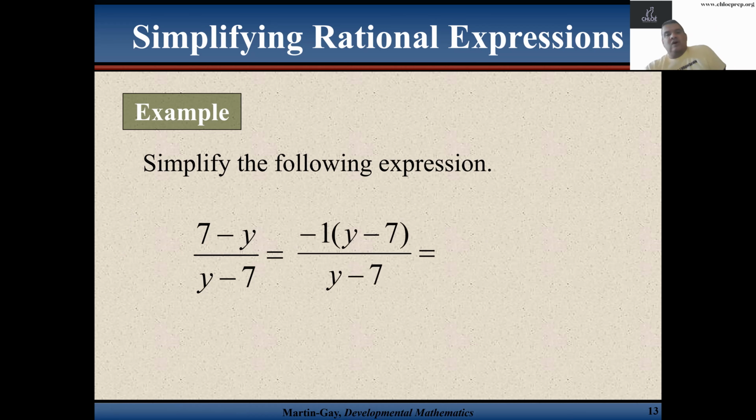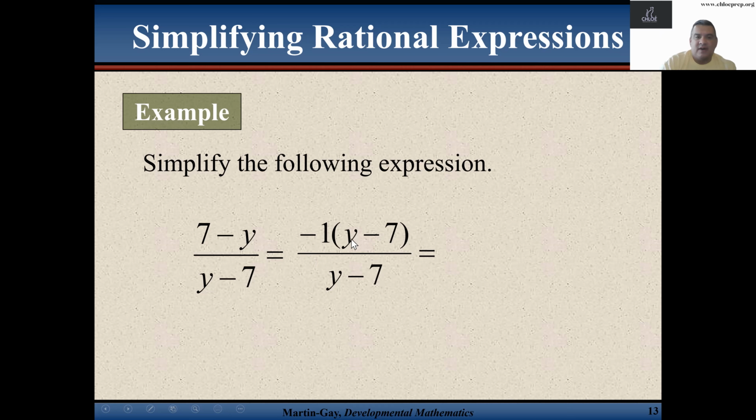What we can do, though, is factor out on top a -1. Because everything has a -1 in it, and essentially that just changes the signs. So we go from 7 to -7, and from -y to y, which is what we have here.